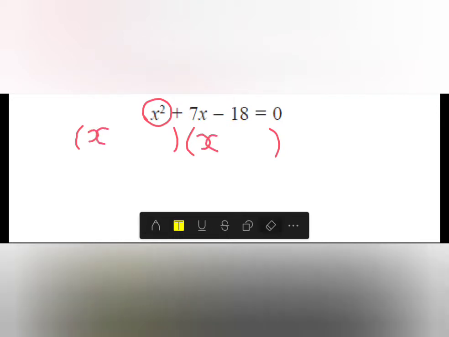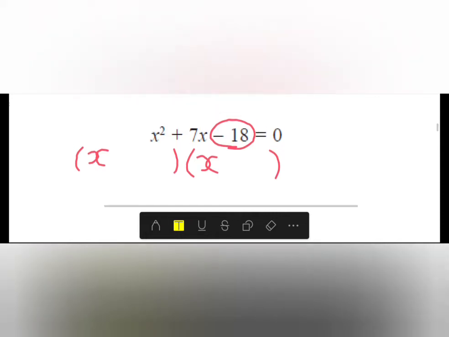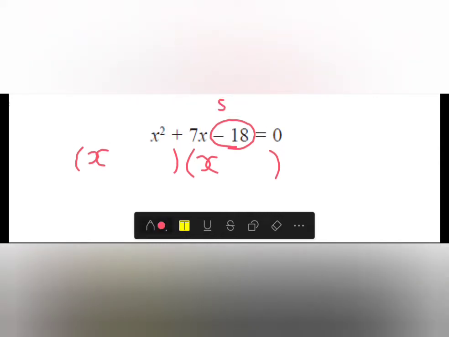Now, we take a look at the sign of the constant, as we said before. The sign of the constant here is negative. And negative means what? It means subtraction. Very good. When do we subtract? If we have the same signs or different signs? Very good.